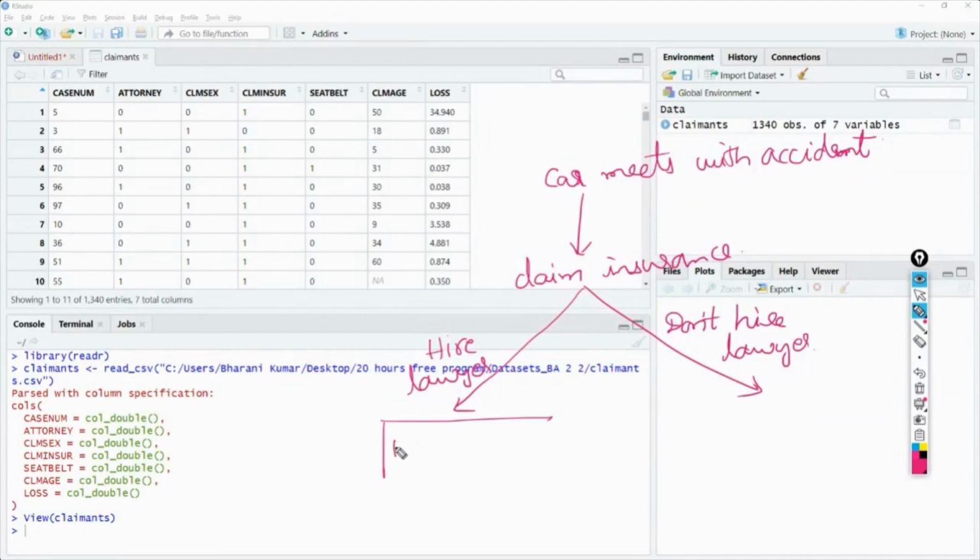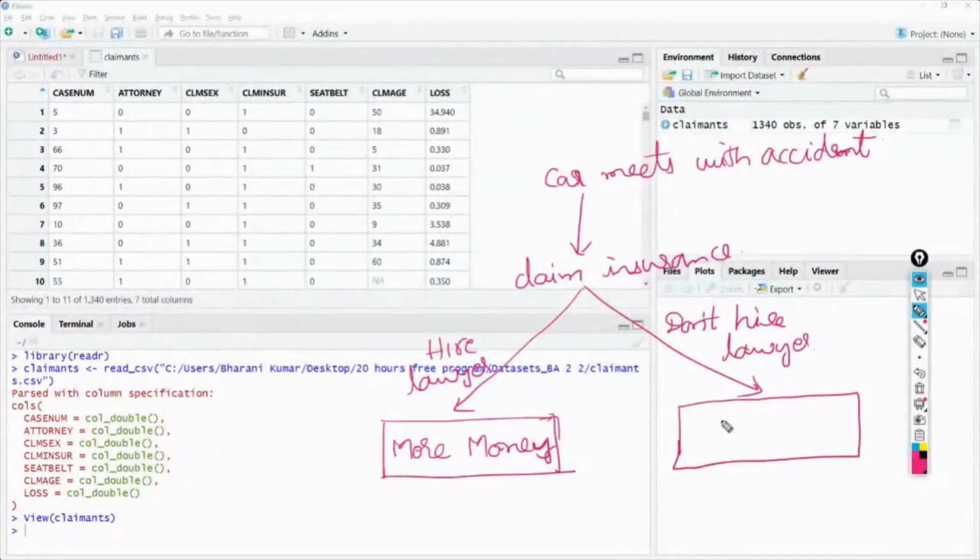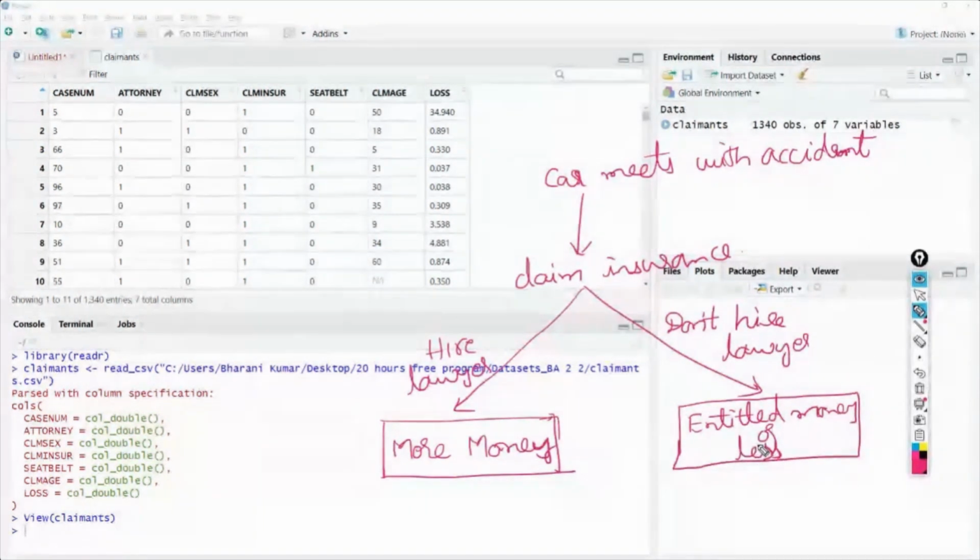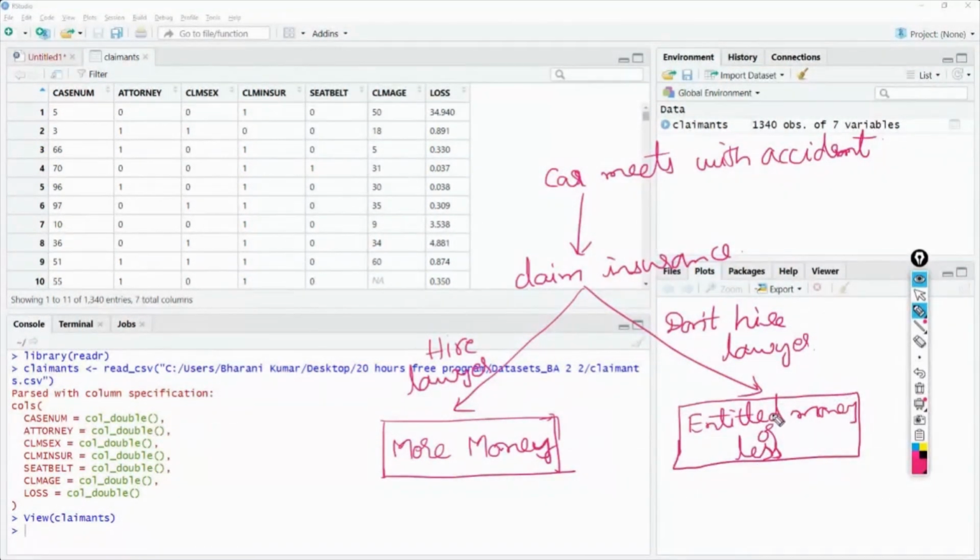If you hire the lawyer, you will get more money, because lawyers will try to find all the possible loopholes and try to get more money from the insurance firm. If you don't hire a lawyer, you'll get the entitled money or less, because they will put 110 conditions and say all these conditions are not met, so you'll not be given the claim, and so on and so forth.